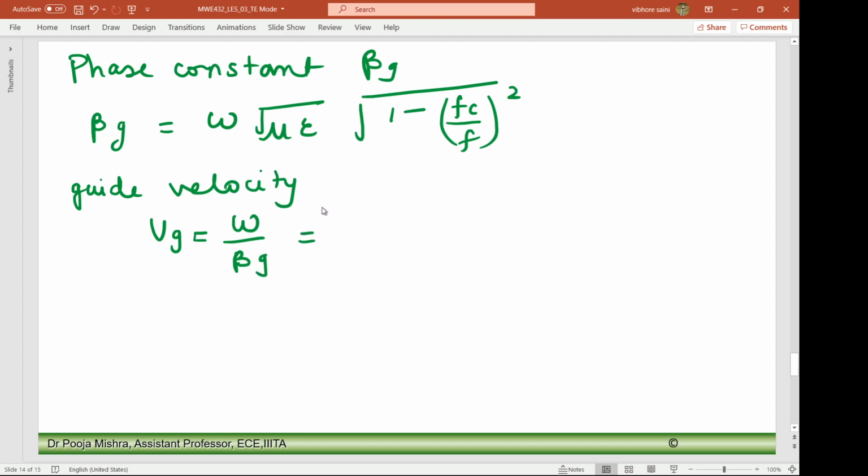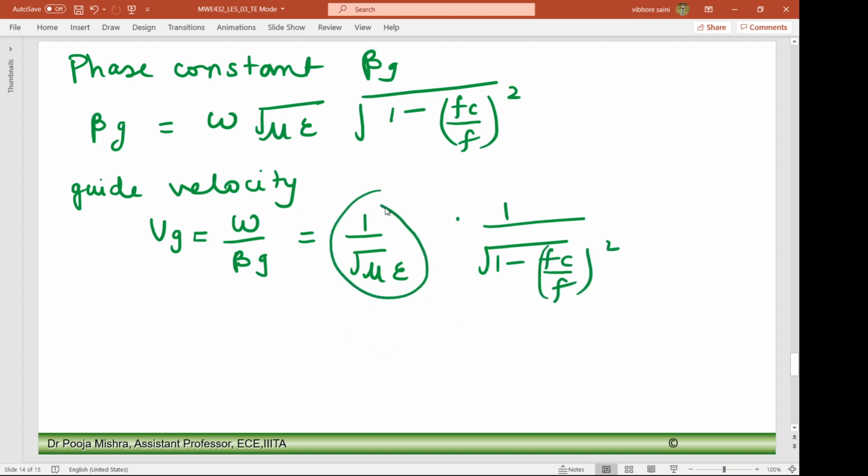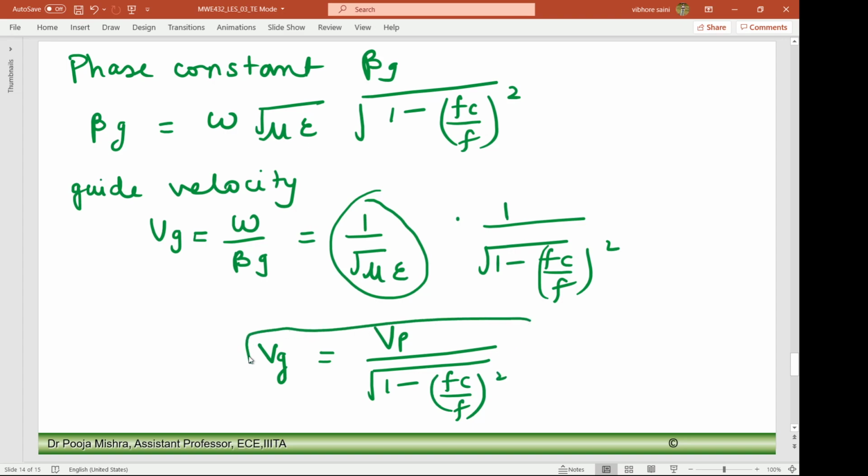Value could be written from here. This will give you 1 by under root mu epsilon into 1 by under root 1 minus (Fc by f) whole square. 1 by under root mu epsilon is the phase velocity. So Vg is equal to Vp divided by under root 1 minus (Fc by f) whole square.